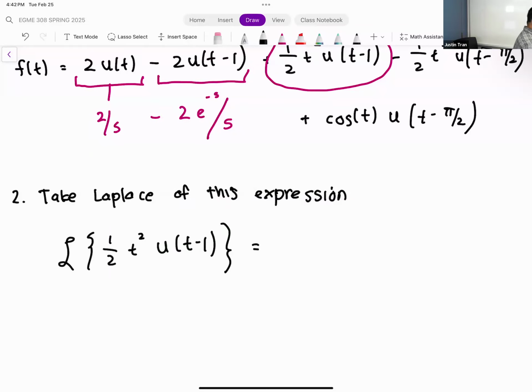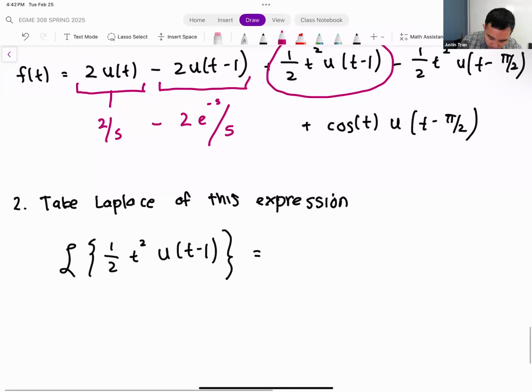This is very similar to the example from last time: a step function with a shift of 1 multiplied by a function that does not have a shift, so we have a mismatching shift.